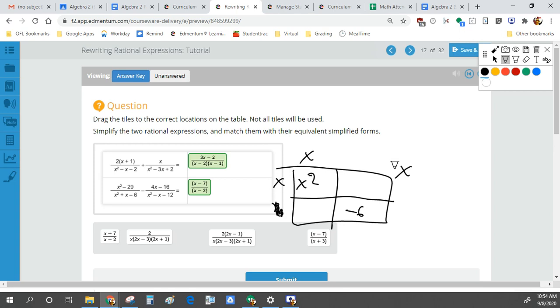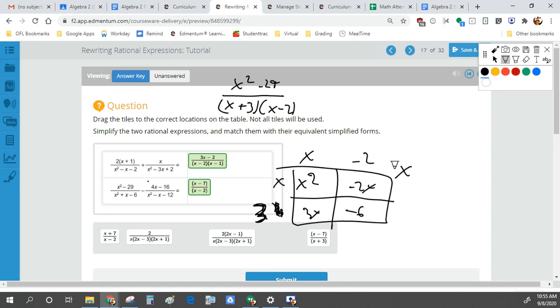I was going to do 6 and 1, but that wouldn't make sense. I'm going to do a positive 3 and a negative 2. That's going to get me this 3x minus 2x. So this works. So I'm going to do x squared minus 29 over x plus 3, x minus 2.